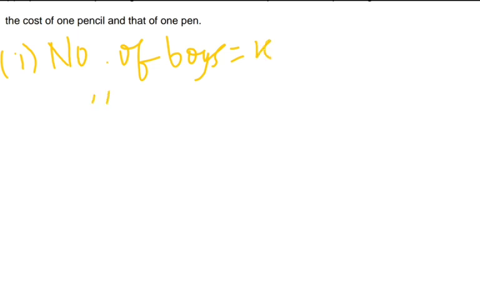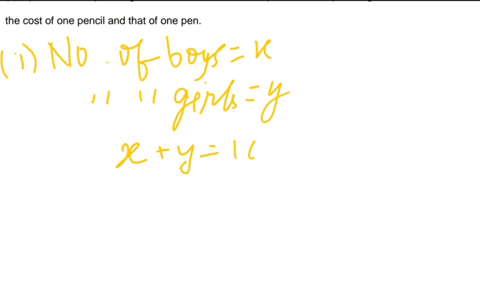Number of girls is equal to y. They said that 10 students of class 10, that means the total number of students is 10. So total number of students is equal to girls plus boys. So x plus y is equal to 10. This is the first equation.